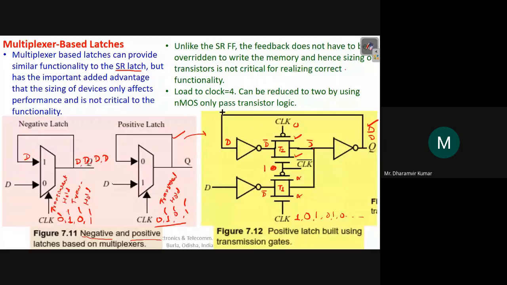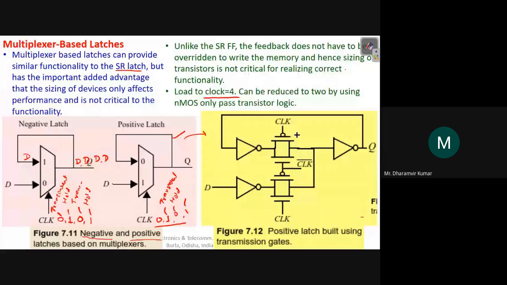But here, look at, the load to clock is 4. Why? Because the clock remains the same for the whole circuit. There is only one clock signal, which is feeding many different devices on the chip.